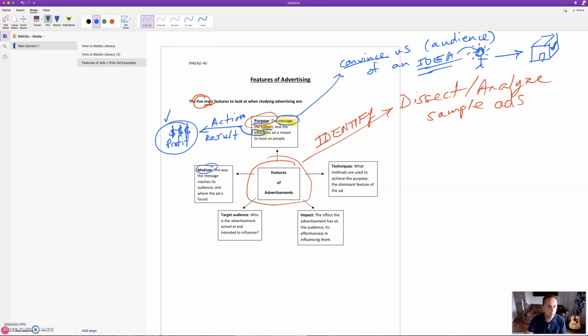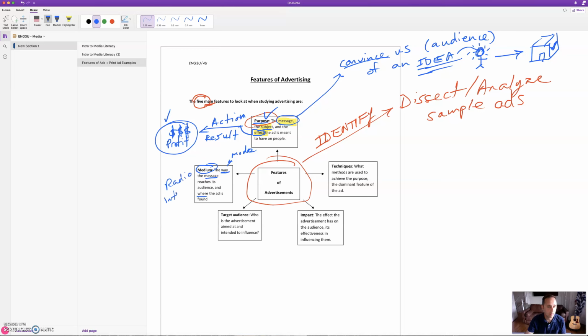Okay, be aware of what is the medium. This is the way, or another word I used before is the mode, that the message here reaches the audience and where the ad is found. So is it radio?